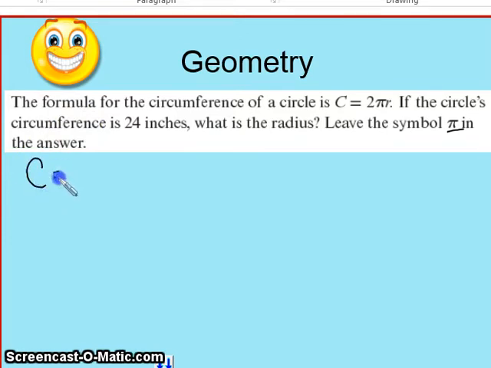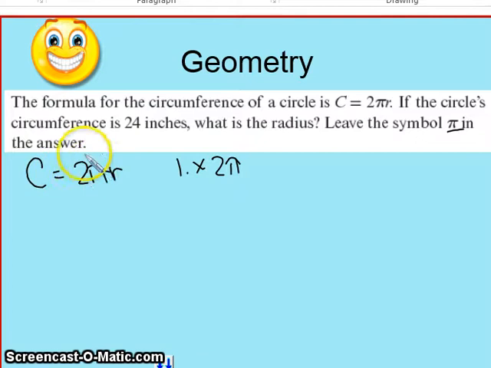Our equation gives us how to find the circumference if we know the radius, and we need to do the opposite. Now if I knew the radius and I was going to solve this equation, I would plug in the number for r, and then the first thing I would do would be to multiply it by 2 pi, 2 times 3.14.